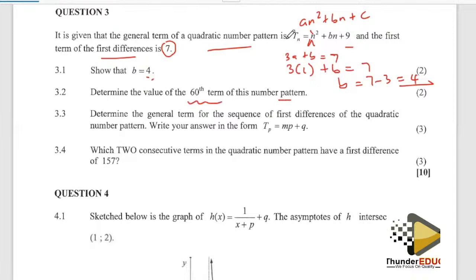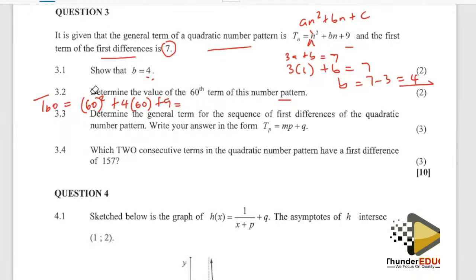Now, since you already know that b is a 4, then you can replace b with 4. Then we're going to say that T60 is going to be 60 squared, where there is n, I'll replace the 16. Then that is 4 times 60, and then plus 9.